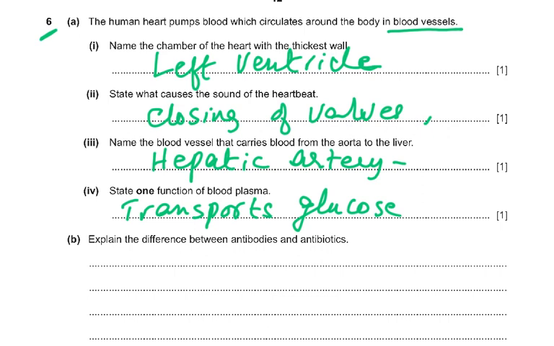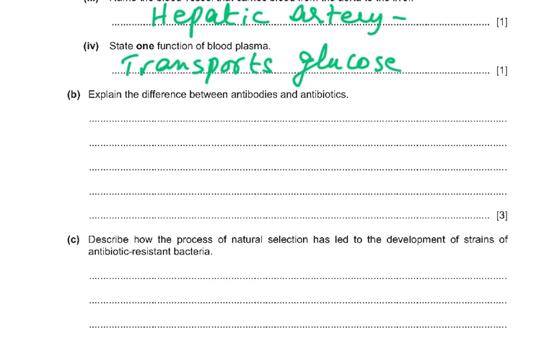Explain the difference between antibodies and antibiotics. What are antibodies? Antibodies are produced by white blood cells. Antibiotics are drugs or medicines that are administered, like you take vibramycin or you take ciproxin or you take augmentin. That's an antibiotic, but you take it orally or you get it by an injection.